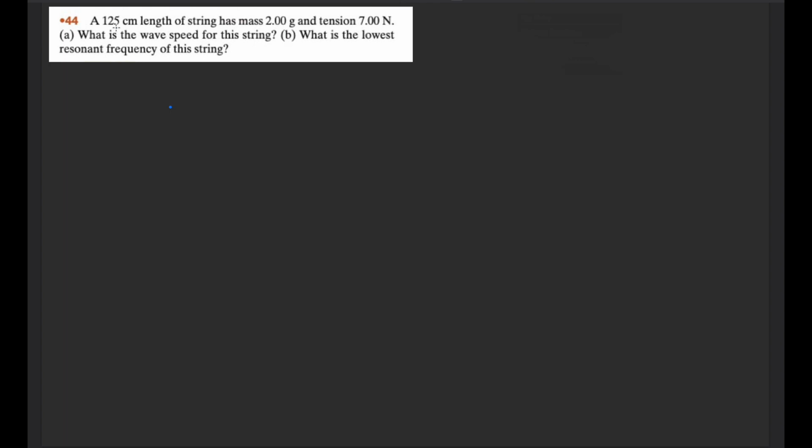So here is another selected problem from the same chapter, problem 44. A 125 centimeter length of string has mass 2 gram and tension 7 Newton. What is the wave speed of this string? What is the lowest resonance frequency of this string? Let us draw a string whose one end is attached to a wall, and the second end is hung by a mass which will produce tension.